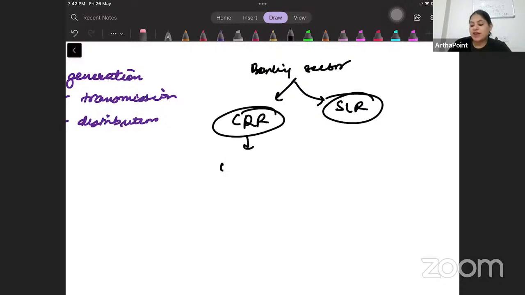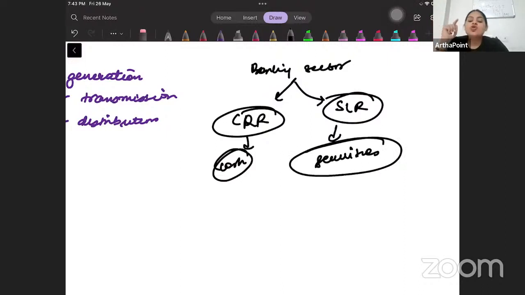Cash reserve ratio has to be kept in cash, and in terms of securities, you have to set aside some amount, right? These are government securities that each bank has to purchase, but you cannot keep UDAY bonds as part of these SLR securities. You cannot do that, right?